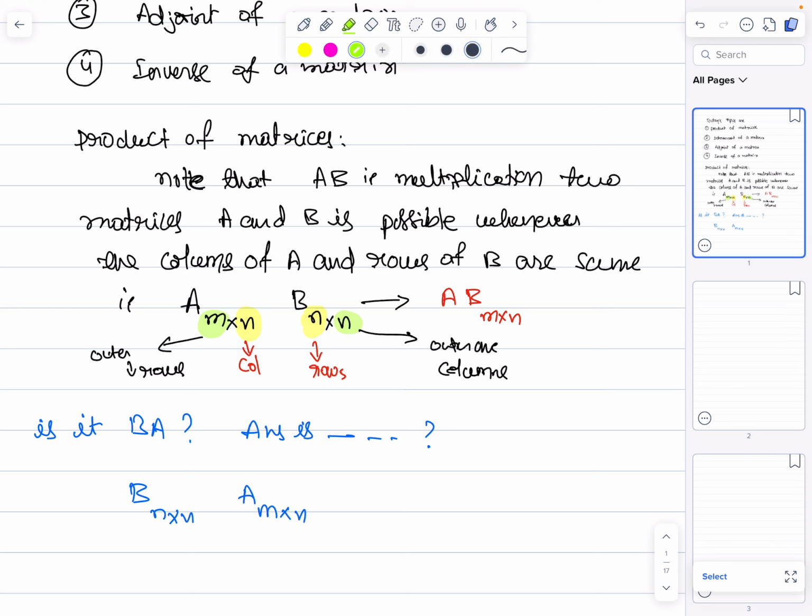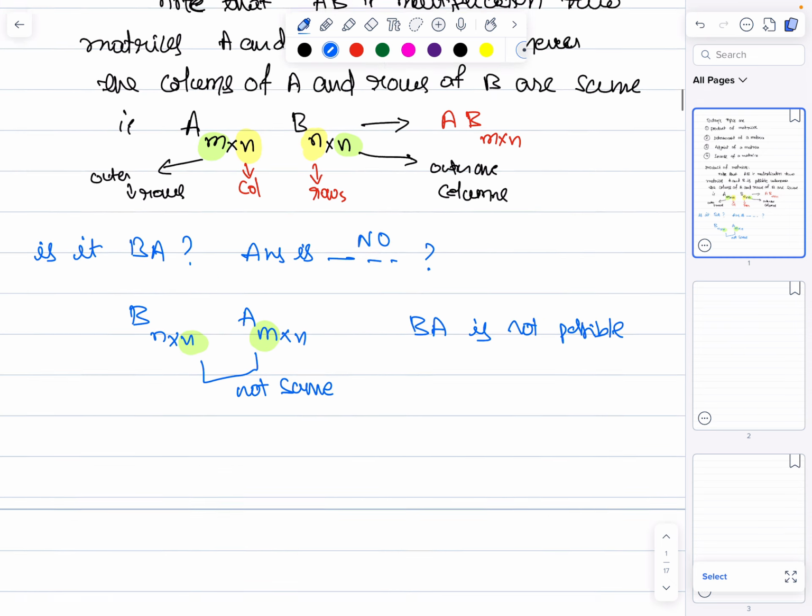You see here, the innermost ones are these two. Not same. Therefore, answer is no. BA is not possible. We have seen yesterday all these things.